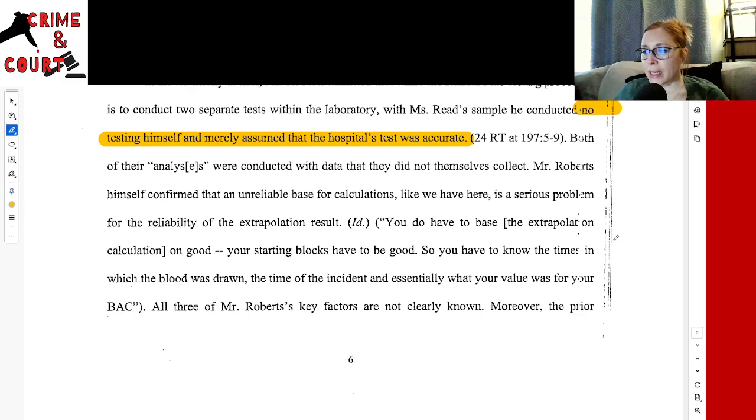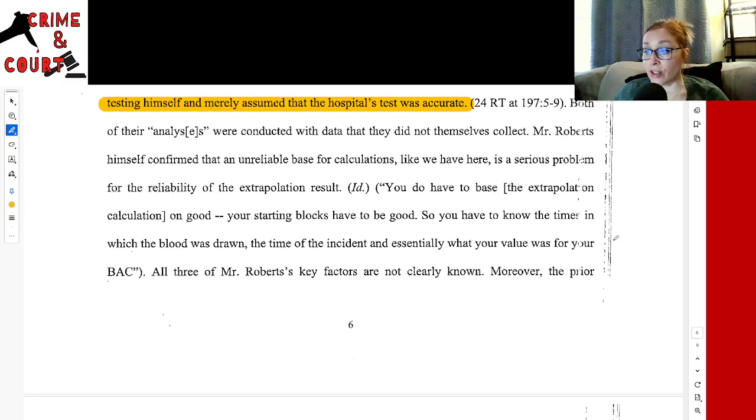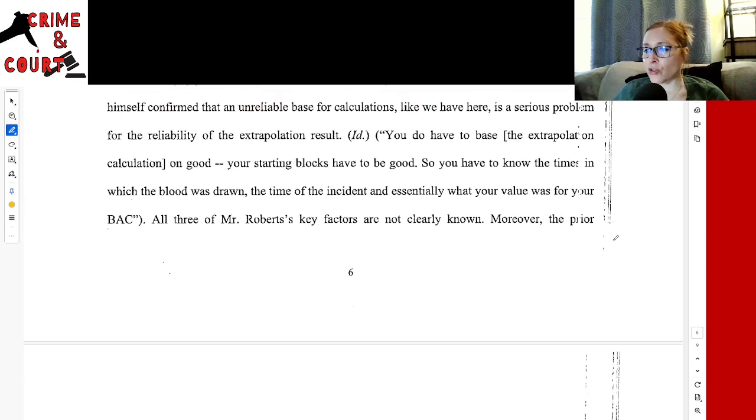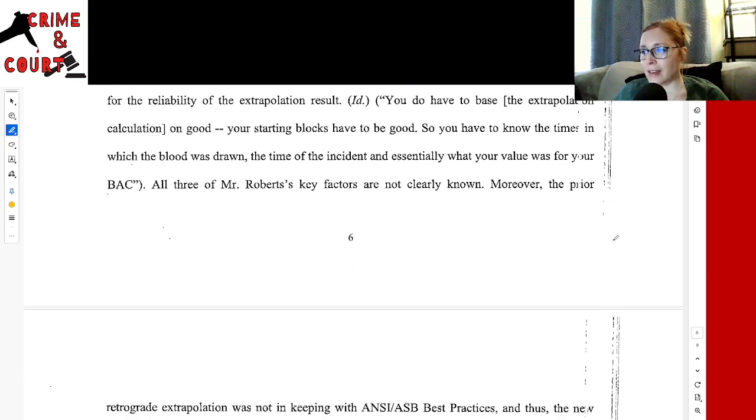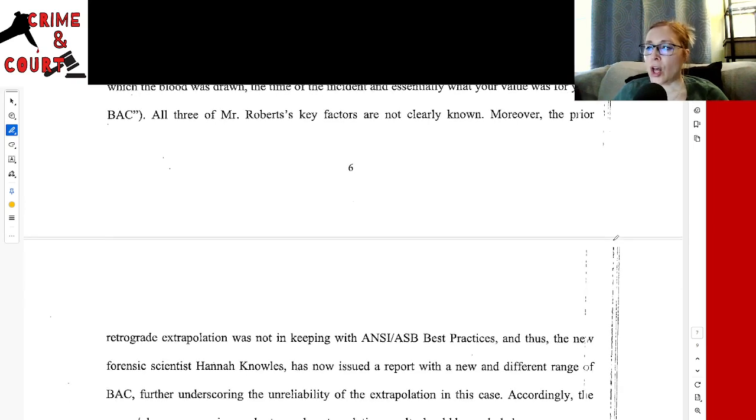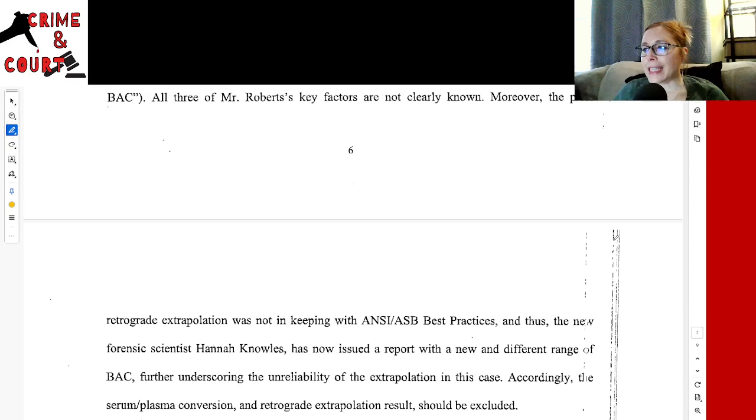You do have to base the extrapolation calculation on good data. Your starting blocks have to be good. So you have to know the times in which the blood was drawn, the time of the incident, and essentially what your value was for your BAC. All three of Mr. Roberts' key factors are not clearly known.